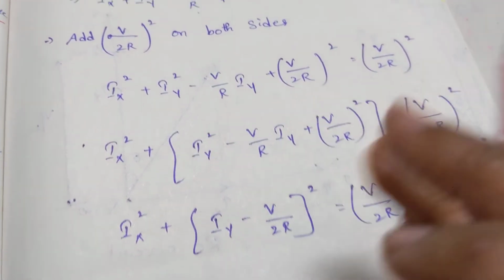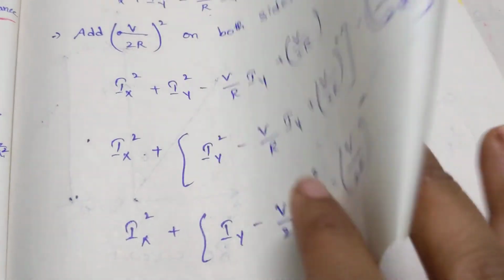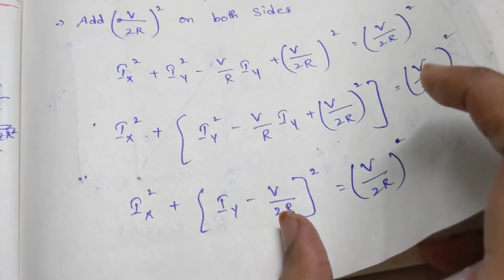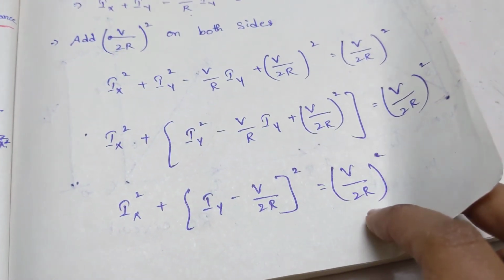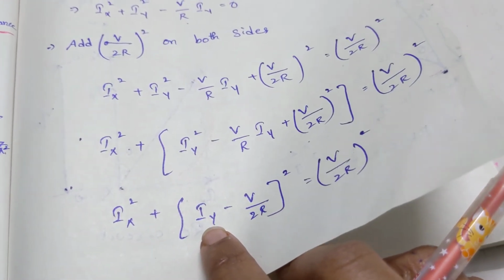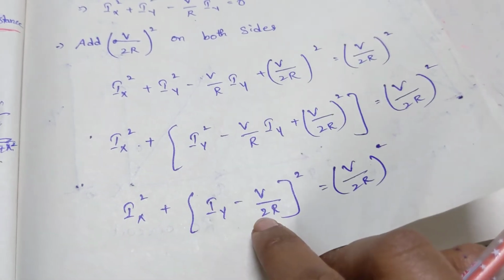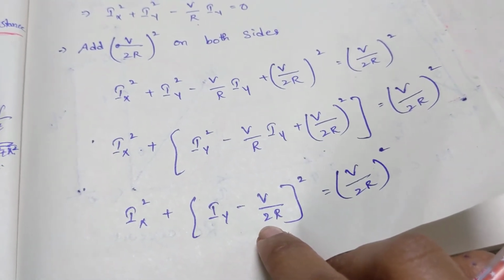By observing this equation, we can say that it is similar to our circle equation, which has the radius V by 2R and center at 0, V by 2R.